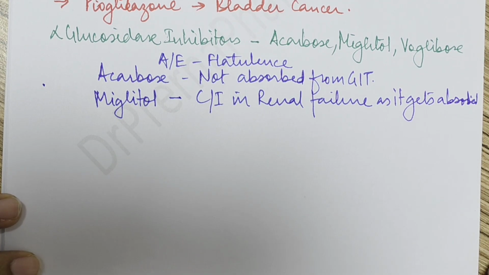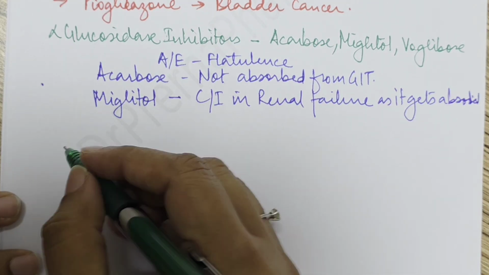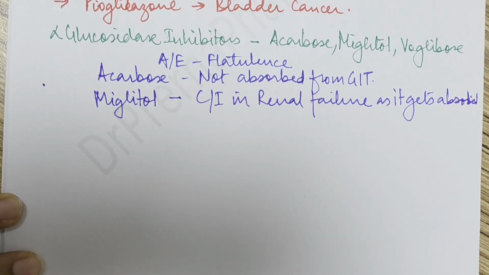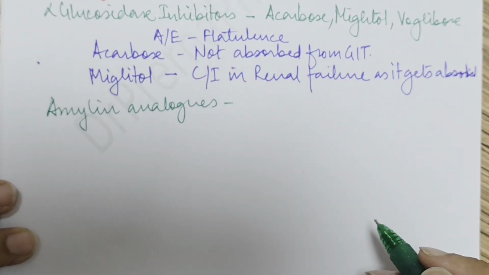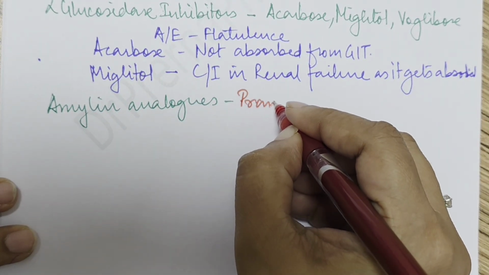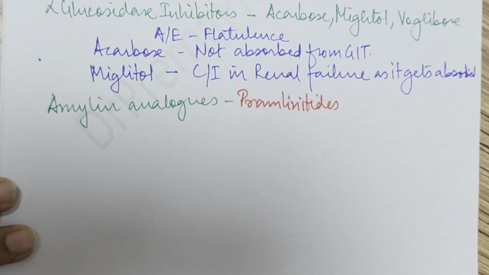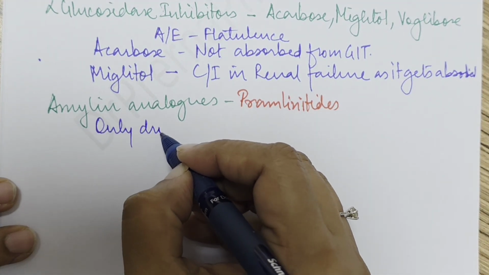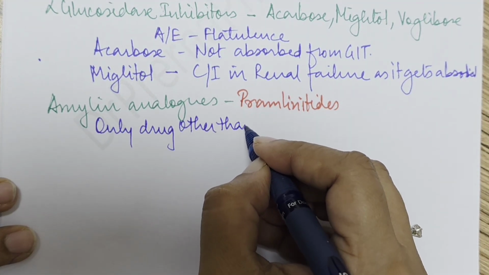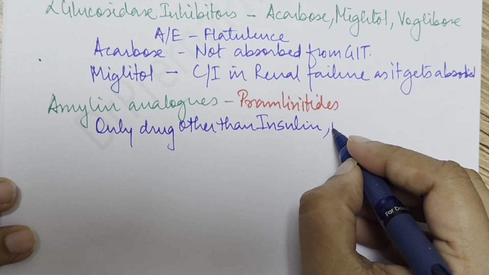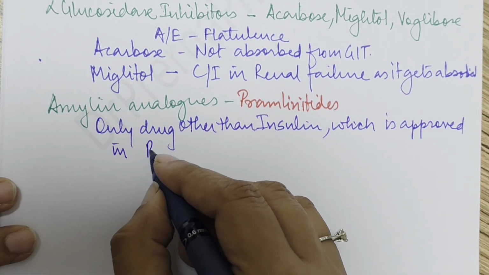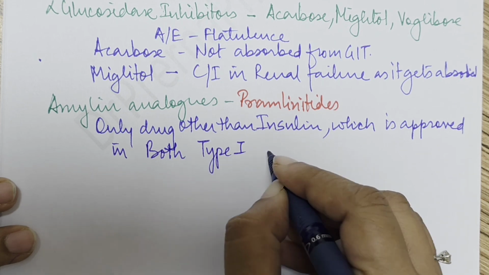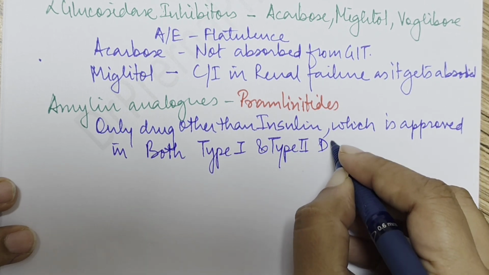Okay? Then there was this category of drug which was amylin analogs. So इसमें जो drug आती है amylin analogs, that is pramlintide. Pramlintide is the only drug other than insulin which is approved in both type 1 and type 2 diabetes mellitus.